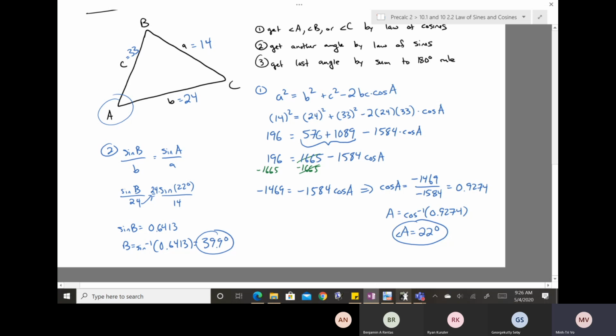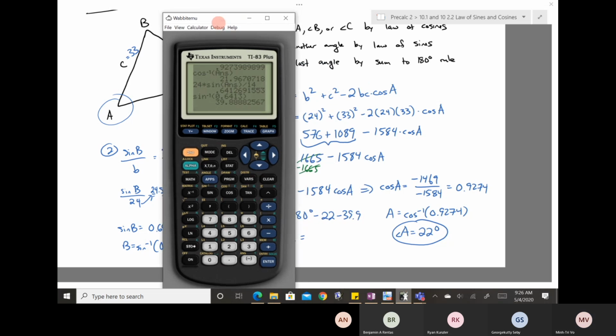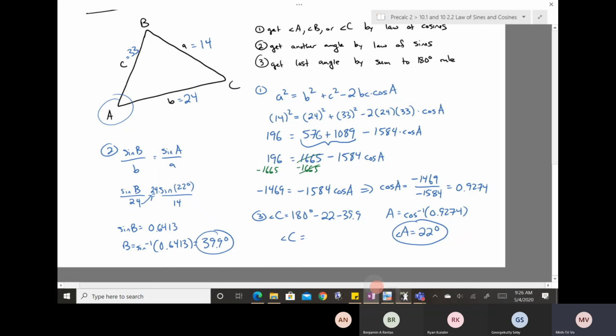So that's angle B. And then finally, angle C. I can just do the 180 degrees thing again. 180 minus 22 minus 39.9. So angle C is about 118.1 degrees.